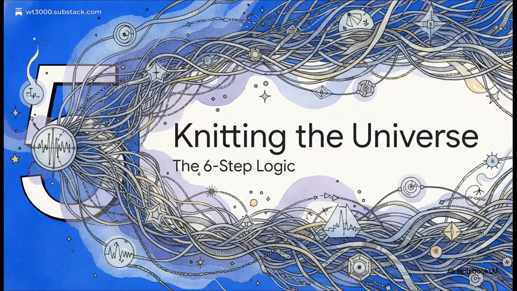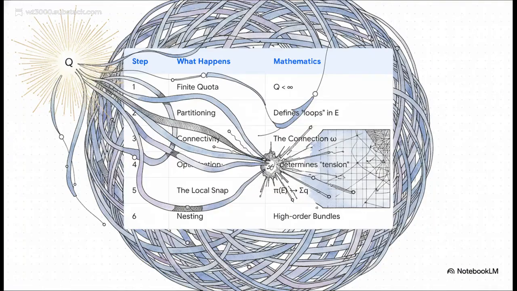So how does this all happen? The hypothesis actually gives us a formal 6-step process. Think of it as the universe's own knitting pattern for creating reality from this sentient field. Now, this might look a little intimidating, but the logic is actually pretty straightforward. Let's just walk through it. It all starts with that finite budget of experience. Step 1.